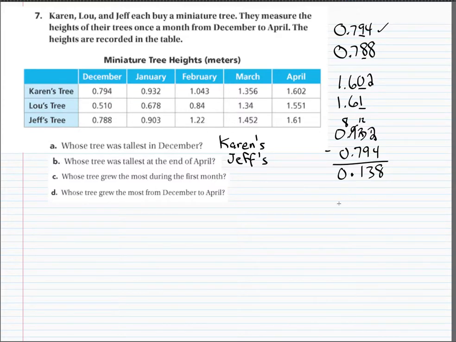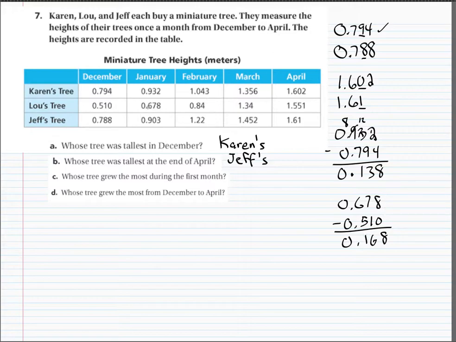His January output for his tree was 678 thousandths compared to his December, which is 510 thousandths. I can actually subtract this one without doing any borrowing. 8 minus 0 is 8, 7 minus 1 is 6, and 6 minus 5 is 1. So I have 168 thousandths.